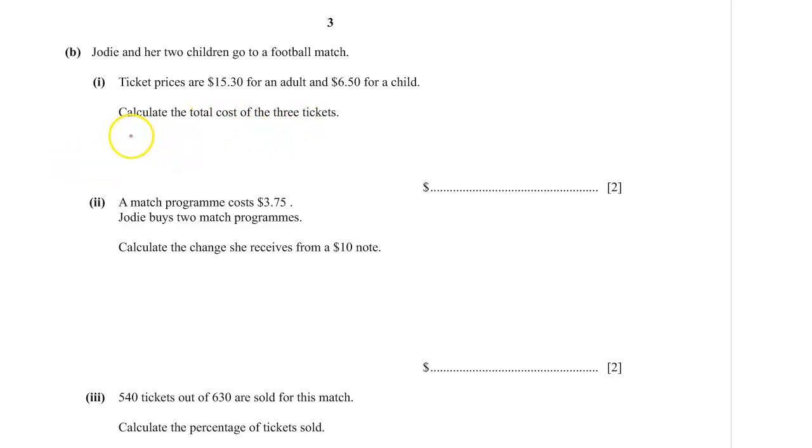So Jody's is 15.30 plus the 2 children, which each is costing $6.50. Therefore, this will be 15.30 plus this is going to be 13.00, and this will total to $28.30.